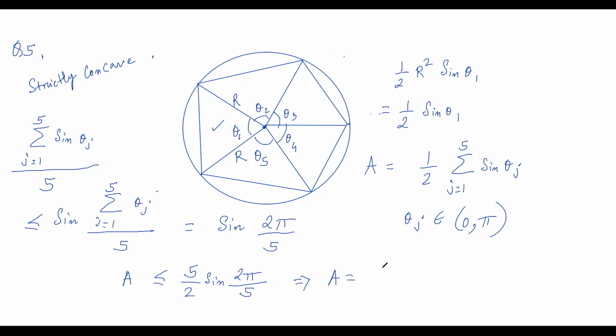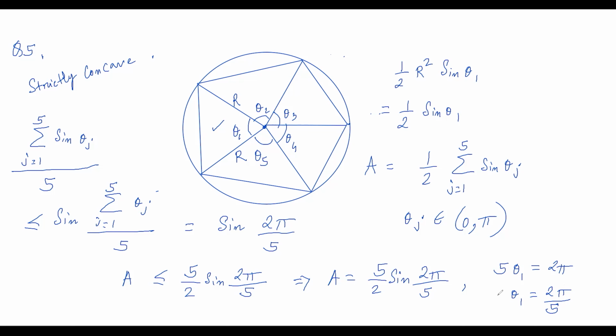So A should be equal to 5 over 2 sine 2 pi over 5. And Jensen's inequality says that equality is achieved when each of those theta j's are equal. And if each of those theta j's are equal, that means 5 times theta 1 is equal to 2 pi, and so theta 1 is equal to 2 pi over 5, and similarly I can prove that all the others are also 2 pi by 5.